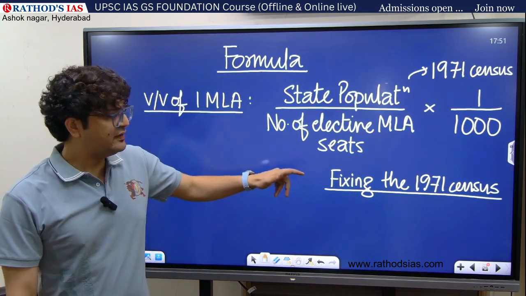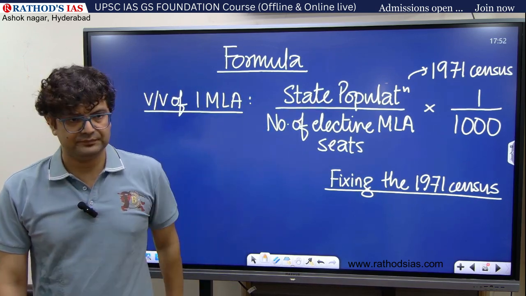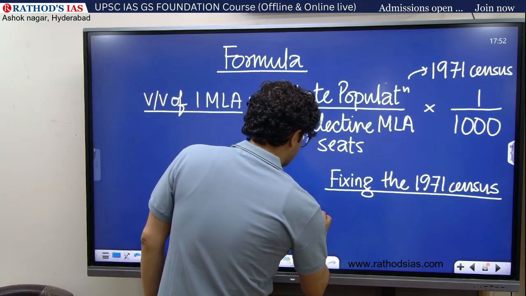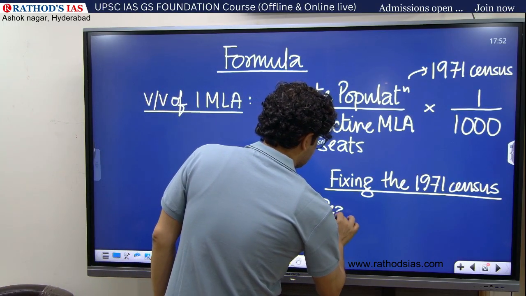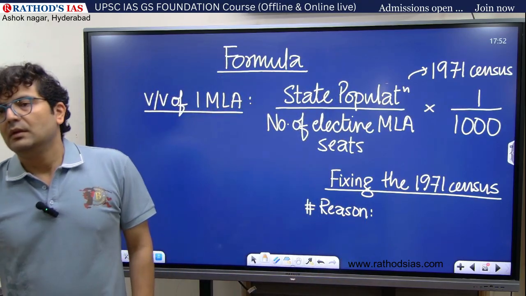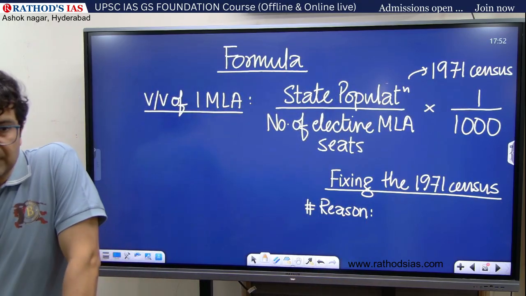So this census was fixed for 25 years. Please write below this. First point, reason. I'll dictate, please write.